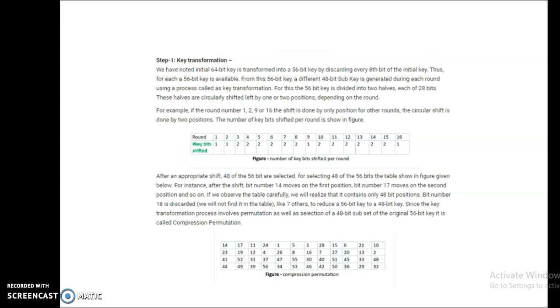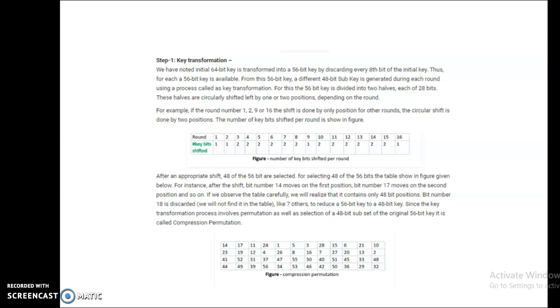So what is the key transformation? We have noticed the initial key is converted to a 56-bit key by discarding the 8th bits, and after that, from this 56-bit key, a 48-bit subkey is generated during each round using a process called key transformation. For this, the 56-bit key is divided into two halves, each of 28 bits.